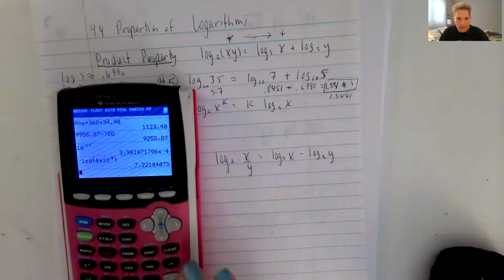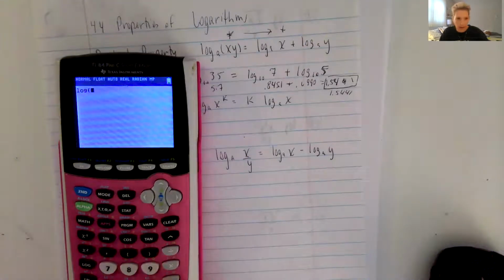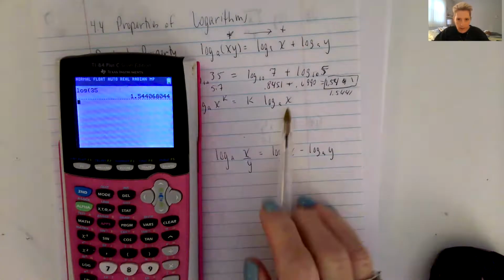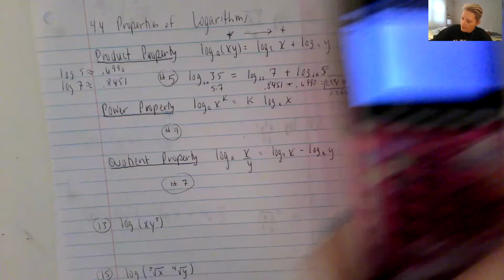And we can check this out in our calculator here. If we do just the log of 35, we get 1.5441 rounded. That's pretty cool.